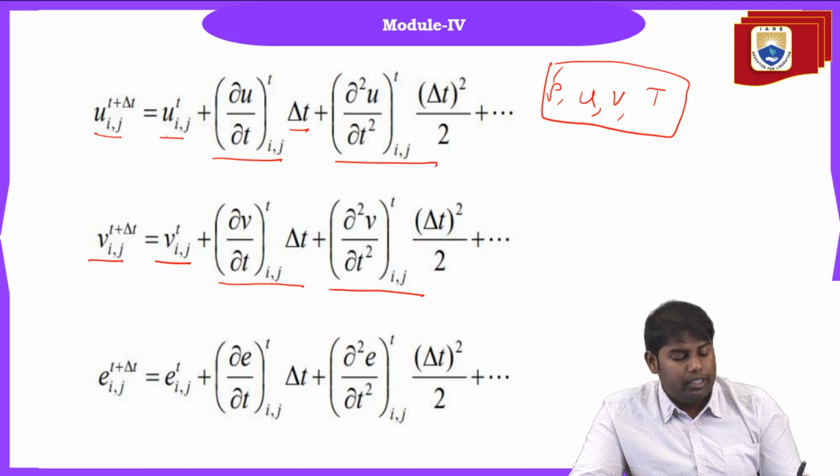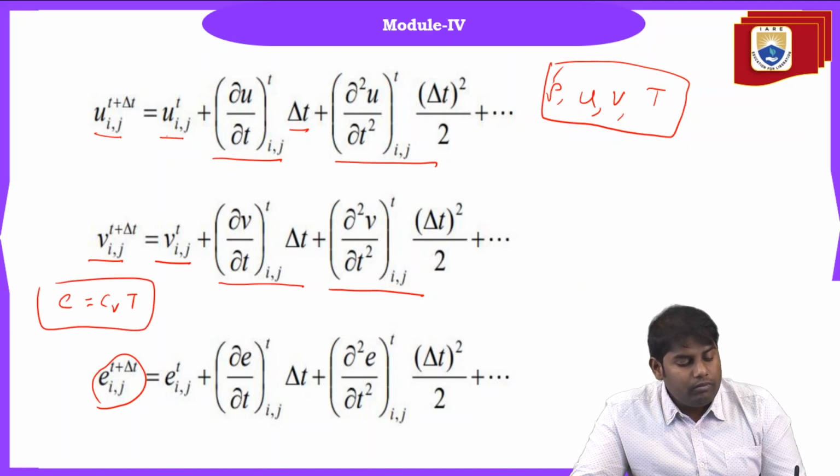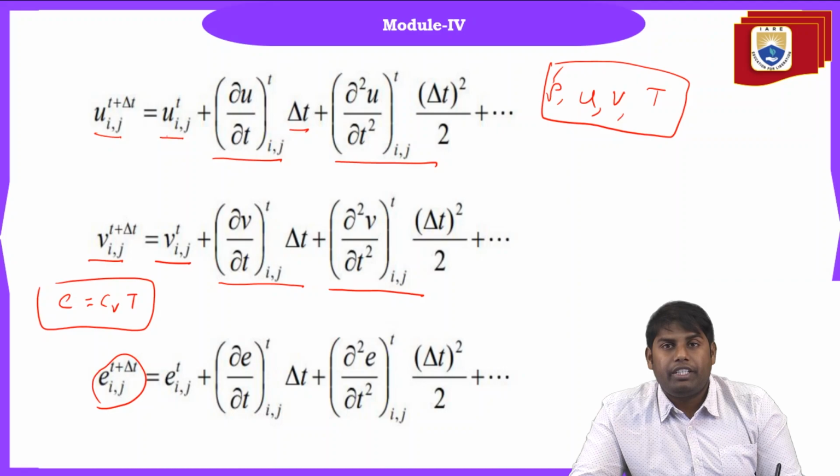Fine. Next again now we have internal energy. So we can actually also replace this one in terms of temperature directly. So as I told you, E is equal to Cv into T. When you take the value of Cv as constant, this one will change.